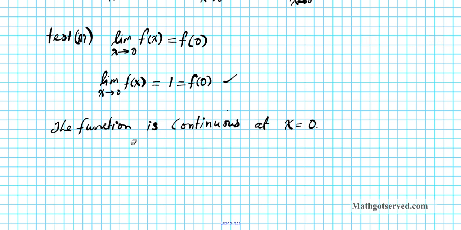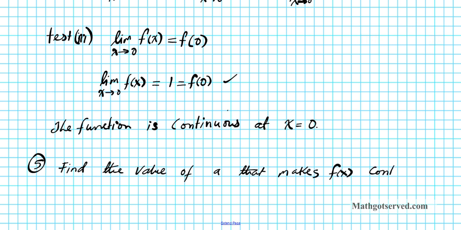All right, let's take a look at the last one, problem number 5. So for problem 5, we're to find the value of a that makes f of x continuous. Okay, so what on earth is f of x?